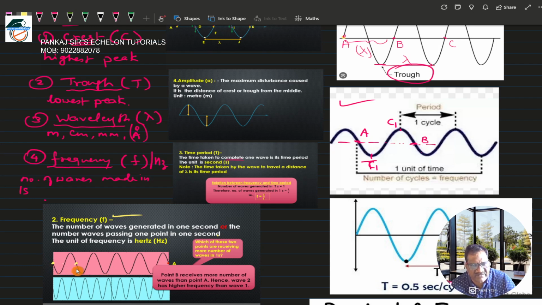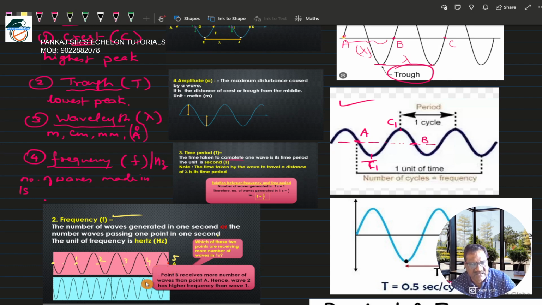Then from here to here, so this is one, this is 2, this is 3, this is 4, and when I come here, this is 5. So I can see that there are 5 complete waves over here. Suppose this is produced in 1 second, then my frequency will be 5 hertz.